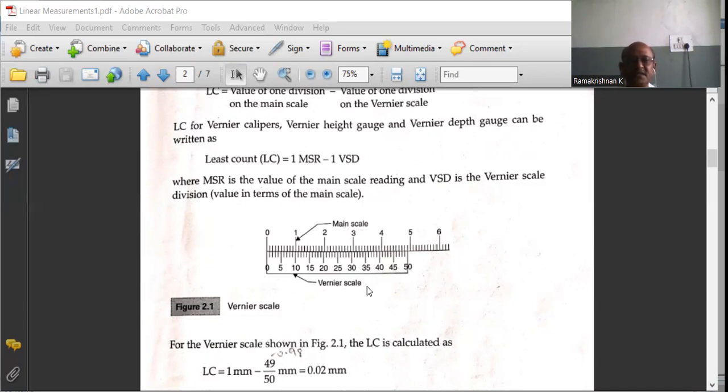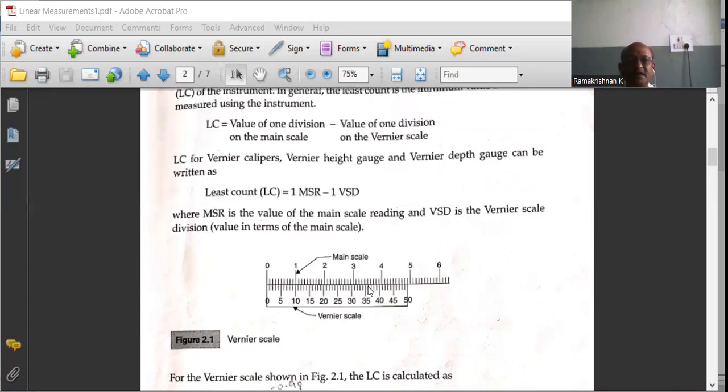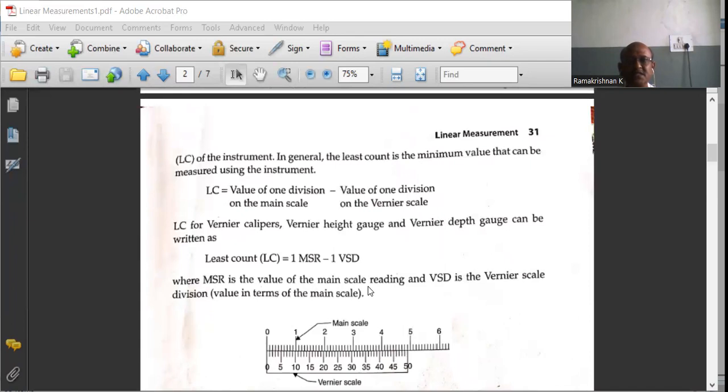For instruments, a term called least count is used. The least count is the lowest or shortest value that can be measured accurately by a measuring instrument.